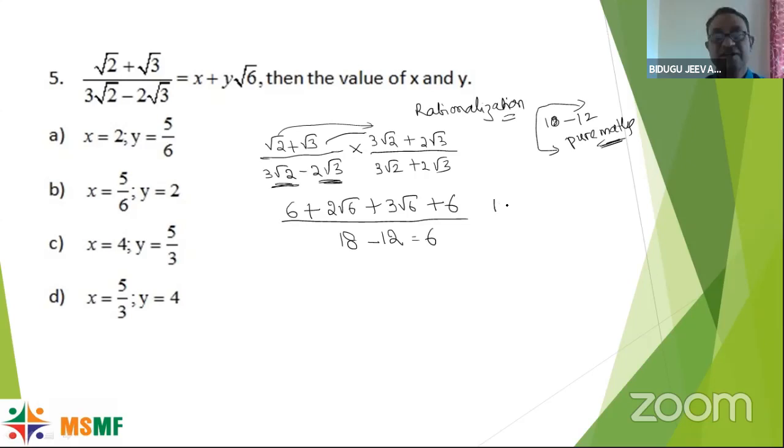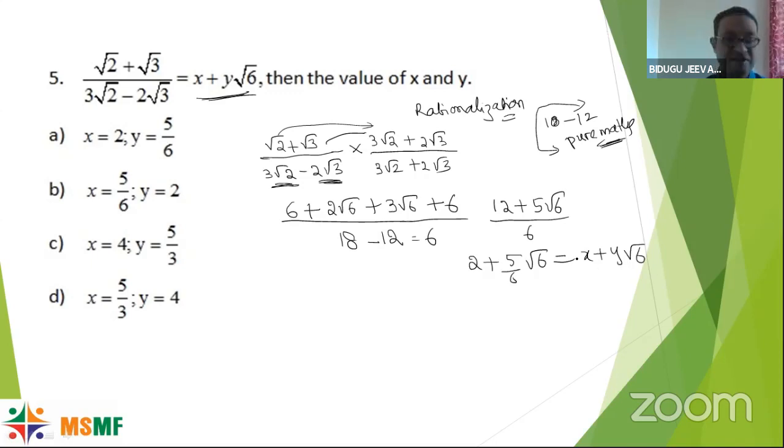Let me write 12 plus 5 root 6 divided by 6. Simplifying, 2 plus 5 by 6 root 6, which is given as x plus y root 6. If you compare, the value of x is 2 and the value of y is 5 by 6. So your answer is 1. Hope you understood.